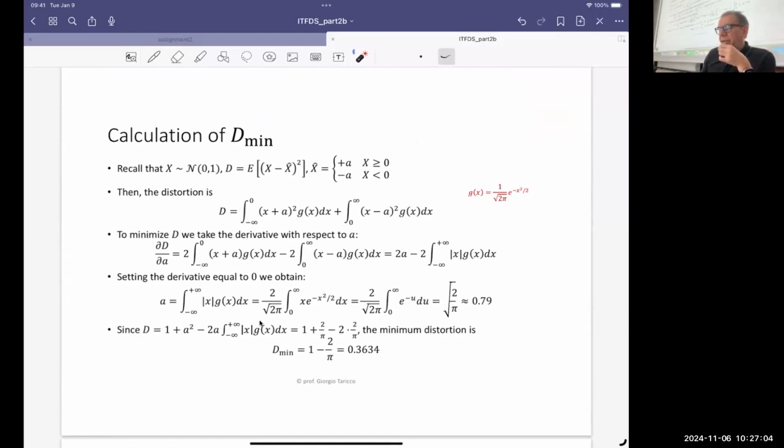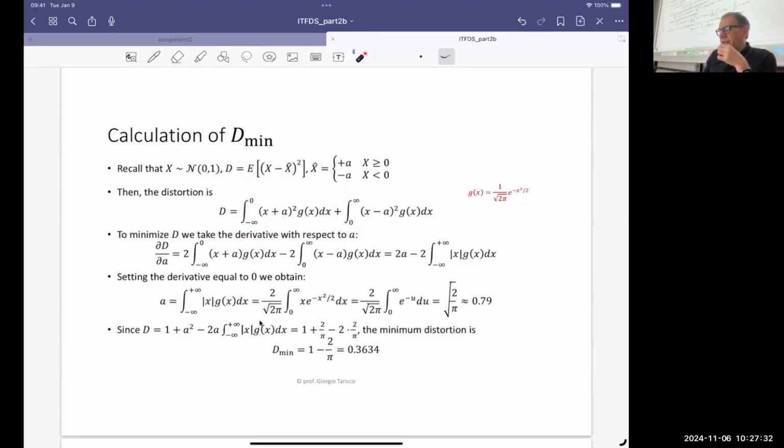And so we divide the real line in two parts, the part of negative numbers and the part of positive numbers. And we integrate x minus x hat squared over these two intervals. When x is negative, x hat is minus a, so x minus x hat is x plus a.